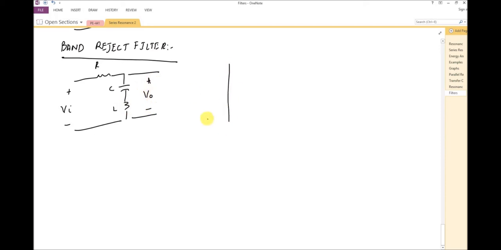If I have to draw the graph for that band reject filter, it will not have any output for the frequency values that are between omega low and omega high. Before the lower cutoff frequency we will have gain equal to 1, and after the higher cutoff frequency we will have gain equal to 1. Again, this is the ideal characteristic.